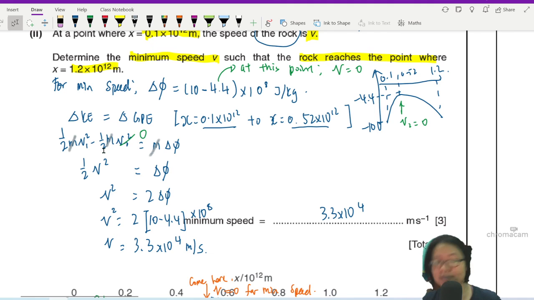But if they want minimum speed, the velocity here is 0, so this whole kinetic energy will be 0 and what you have left is half mv square. The mass cancels out because it's the same object. So you have half v square equal to change in potential, and then the rest is just substitution. Don't forget to square root, don't forget to prefix, these are standard stuff.